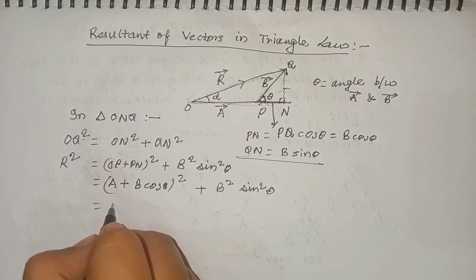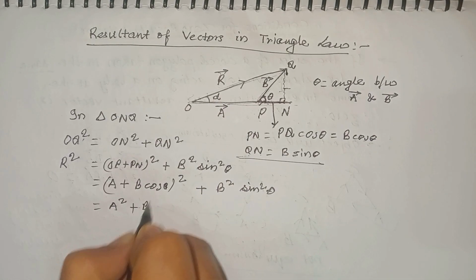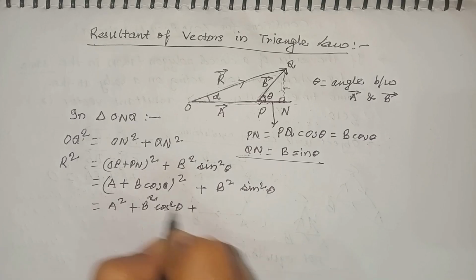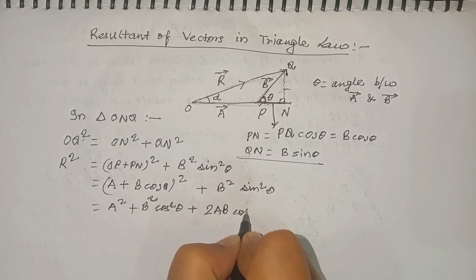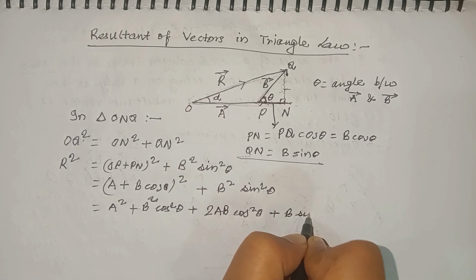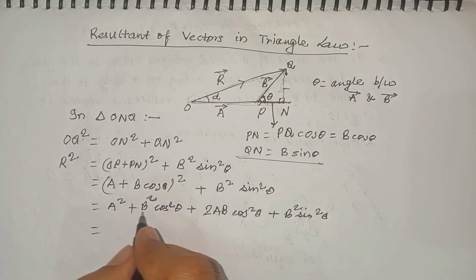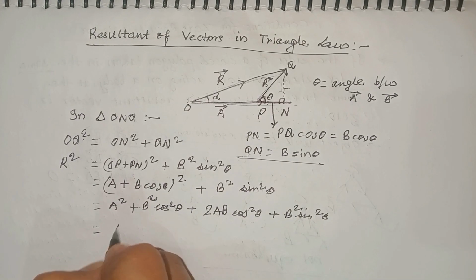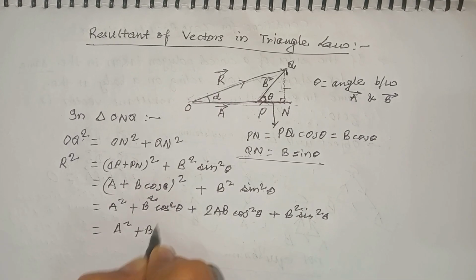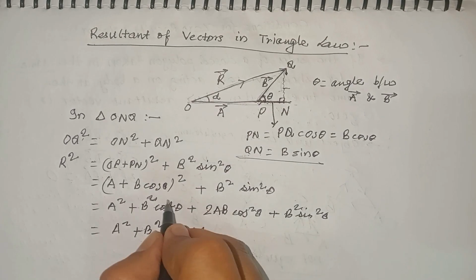Extending it, A square plus B square cos square theta plus 2AB cos theta plus B square sin square theta. Calculating this, we simply get A square plus B square plus 2AB cos theta.